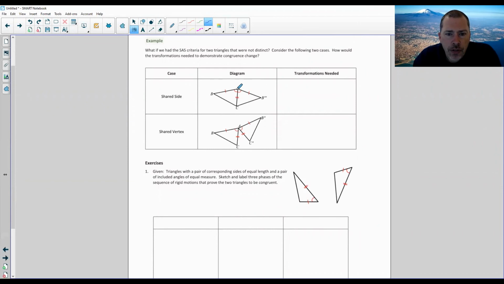So now these triangles are already touching. A is being shared, C is being shared, and side AC is being shared. What do I need to do to map B prime, B triple prime onto B? What transformation is needed? That's all it's asking. And obviously it would be a reflection across AC. So you just need to say reflection.